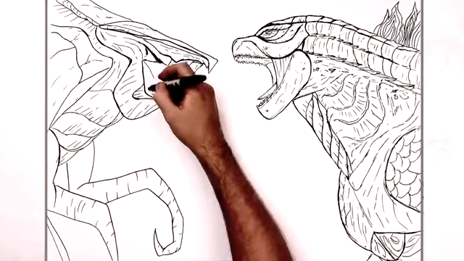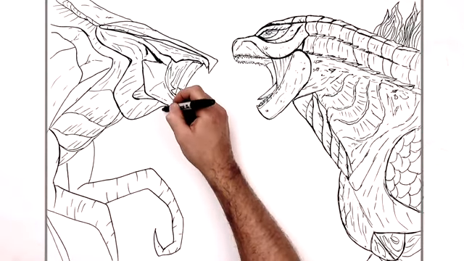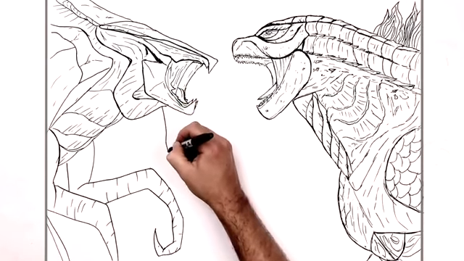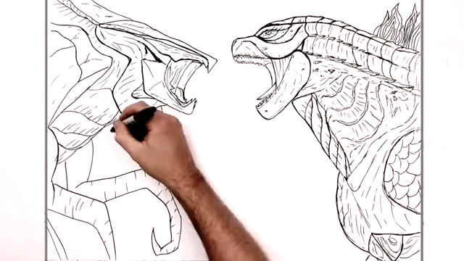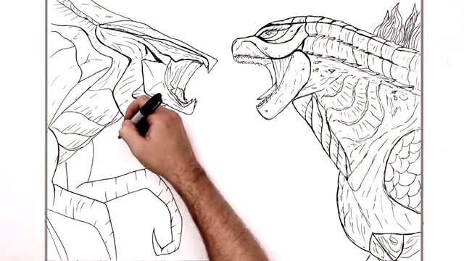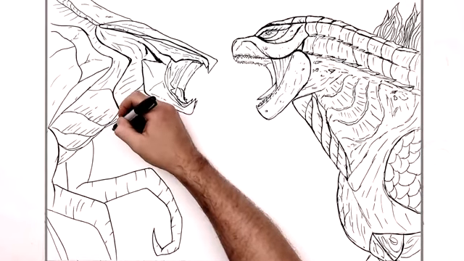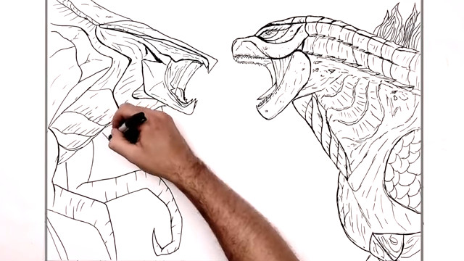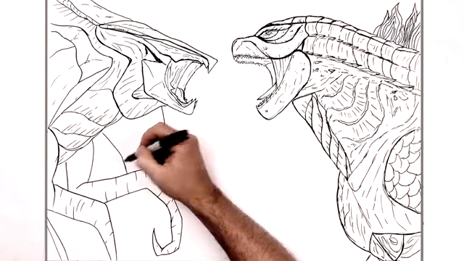And then we have a big arm, a really big arm at the front. So it's going to go down to there. And then goes into his chest armor in here somewhere. So there.